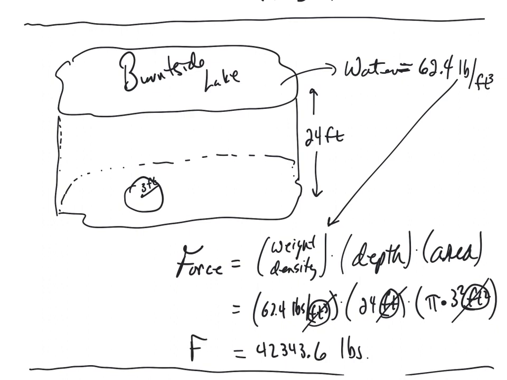All right, so as an example, if you were to try to lift that plate off the bottom of the lake and keep it horizontal, you'd have to exert 42,343.6 pounds of force to try and pull that plate to the top of the lake. All right? You'd be lifting not only the plate, but you'd be trying to lift the entire column of water that's on top of the plate.